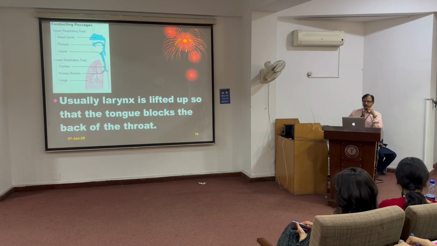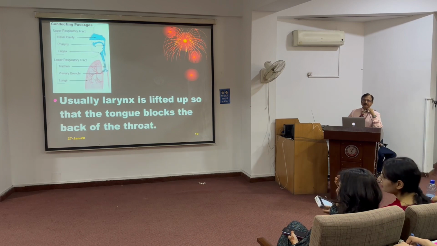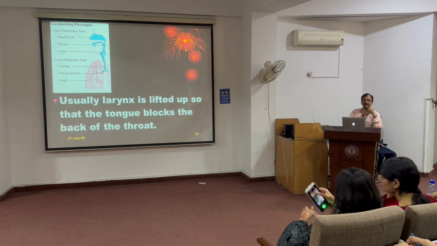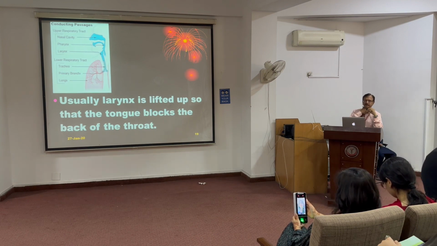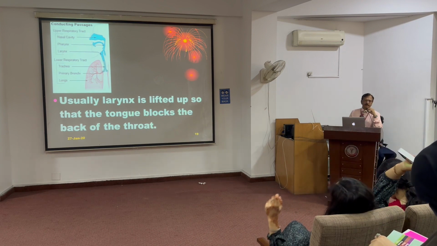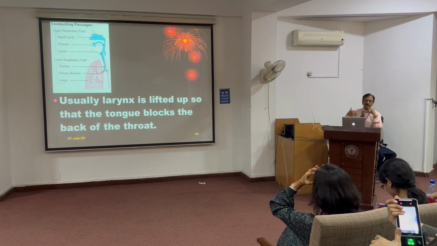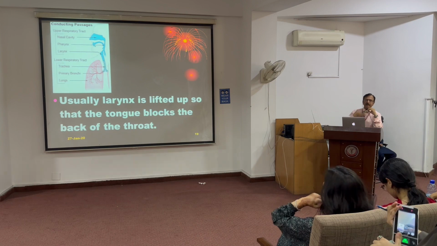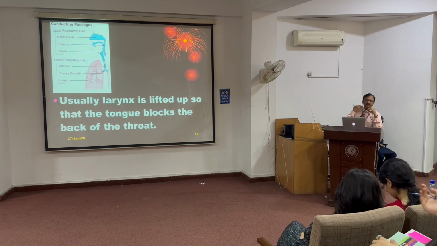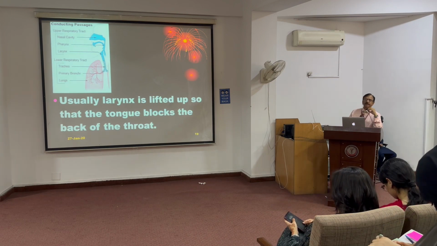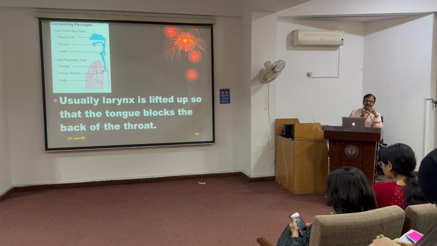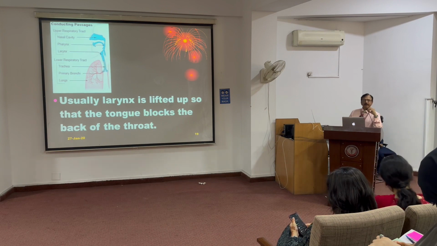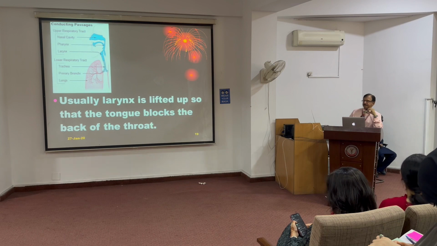And the usual mechanism is that the larynx is pushed upwards and backwards against the posterior pharyngeal wall. The base of the tongue is pressed up and back toward the posterior pharyngeal wall, which occludes the respiratory passages posteriorly, and hence the air will not enter the lungs.